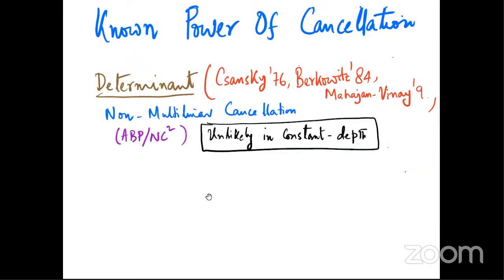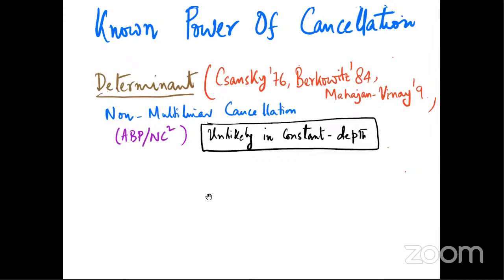But so far we don't know how to carry out such powerful cancellations in constant depth, even in depth log n. And we do not expect such cancellations to be possible in shallower depth.